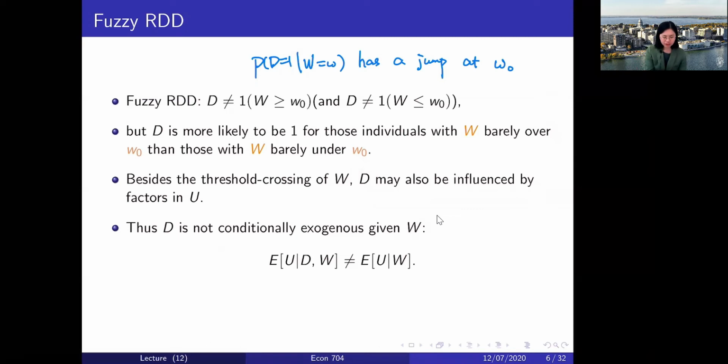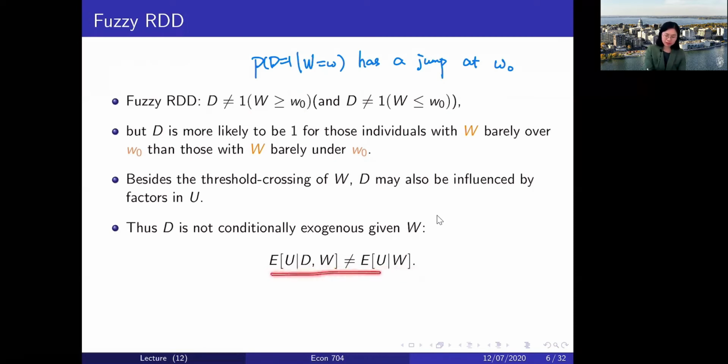Now, because it's a fuzzy RDD, D is not completely determined by W crossing the threshold. So D is not a deterministic function of W. Therefore, this conditional exogeneity condition for D given W is not satisfied. So this is not satisfied for the fuzzy RDD case. It was satisfied in the sharp RDD case.